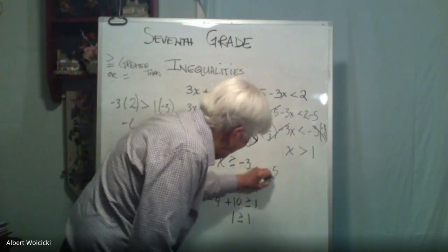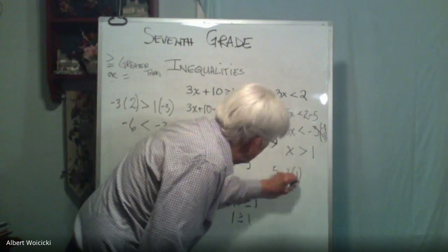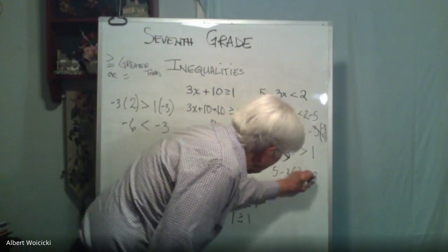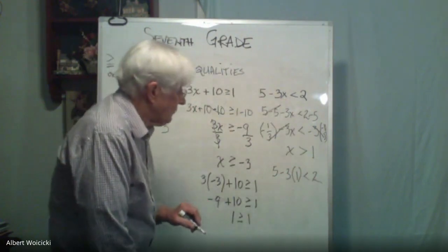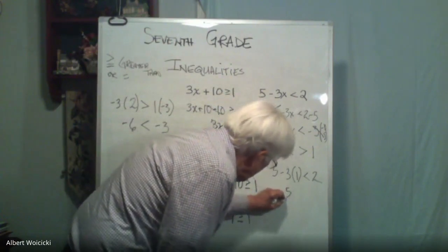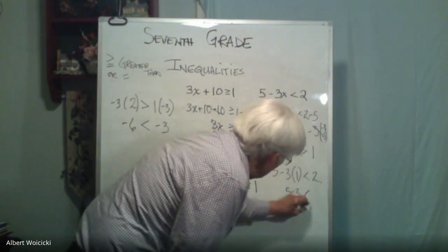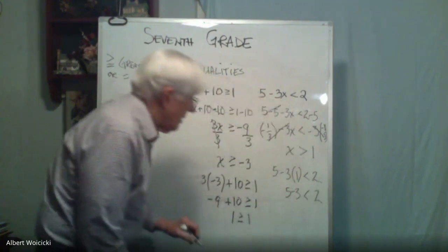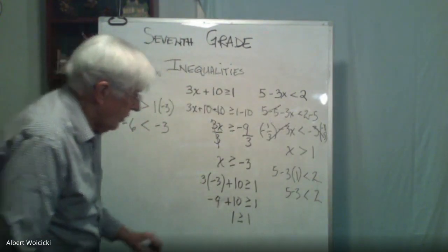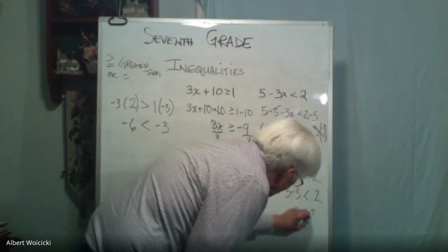It says 5, the opposite of 3 times 1 is less than 2. So 5 minus 3 is less than 2. So we get 2 is less than 2.